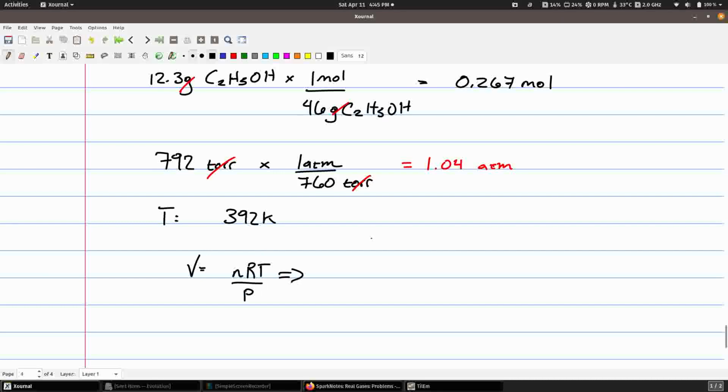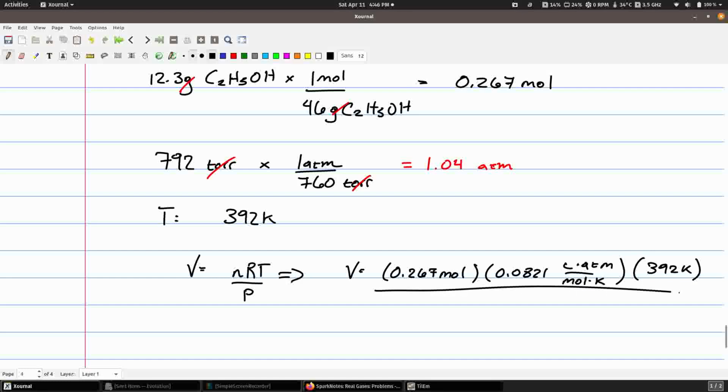So that would be V equals 0.267 mole times 0.0821 liters times atmospheres divided by moles times Kelvin, and then 392 kelvins.